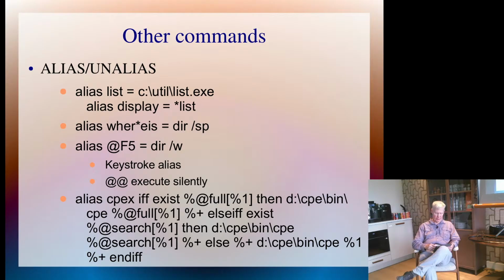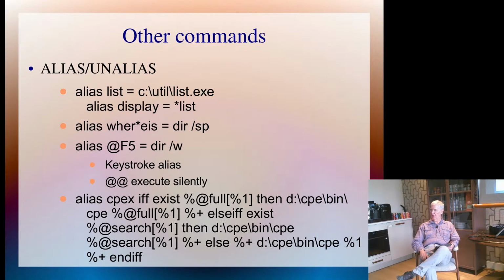And here's some more examples of the alias command. You can see some of them have the ampersand in them. The ampersand, in the @F5, is a keystroke alias. What it does is, if you hit F5, you get a wide directory based on that command.